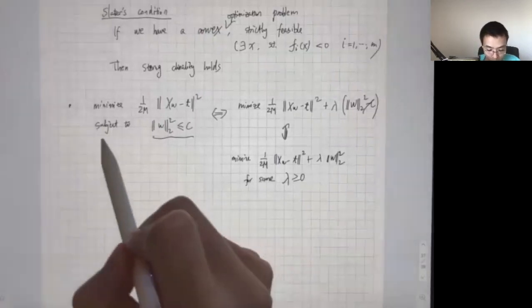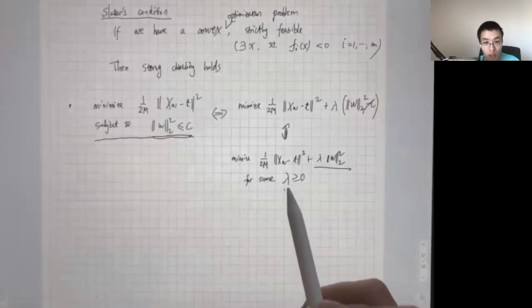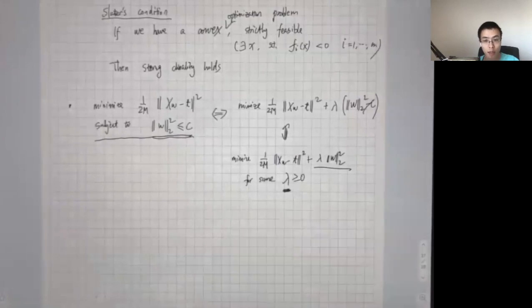So now I have converted a hard constraint into a soft penalty, although I don't know what the coefficient is, but I know the coefficient is greater than or equal to 0.